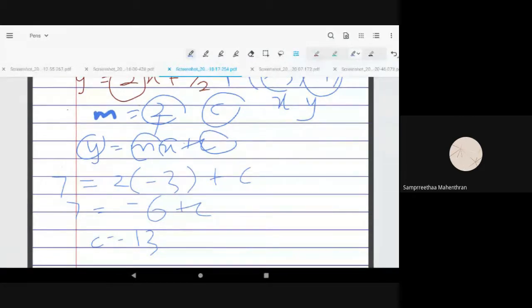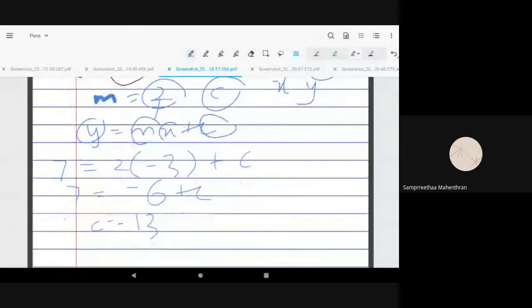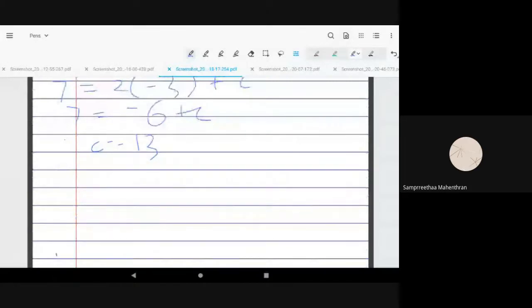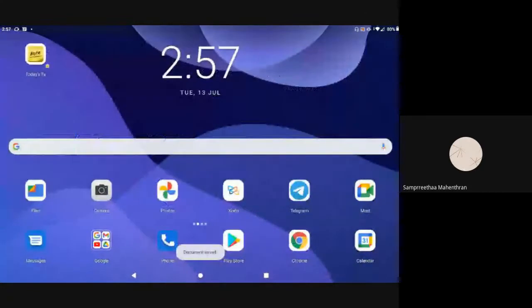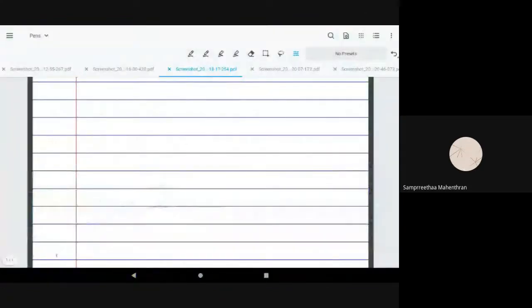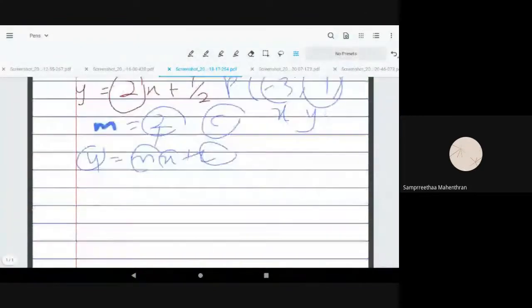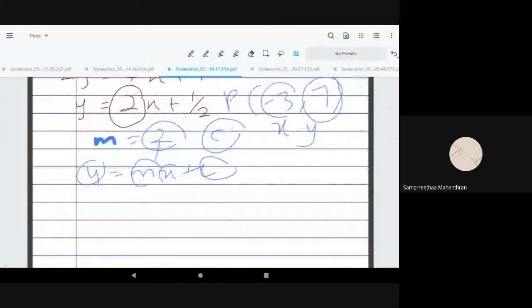So the new equation for the first line, which is passing through negative 3, 7, is y equals 2x plus 13.